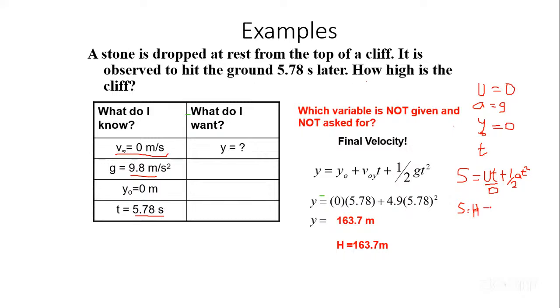Our s is equal to half gt squared. So what is g? g is 9.8, t is 5.78, you square it, and then you simplify.